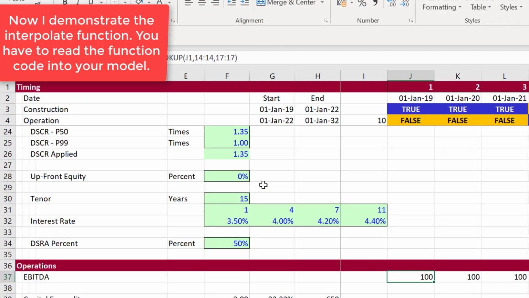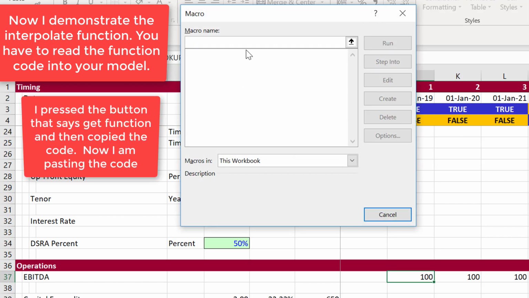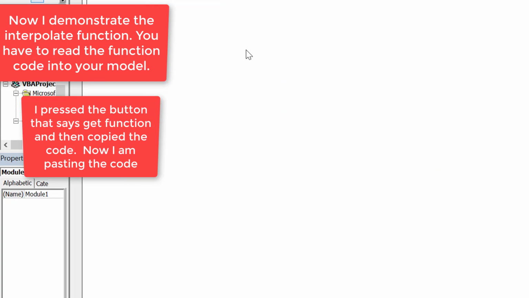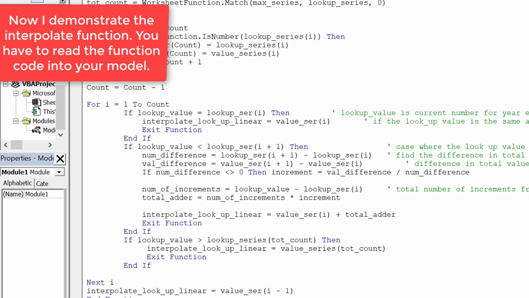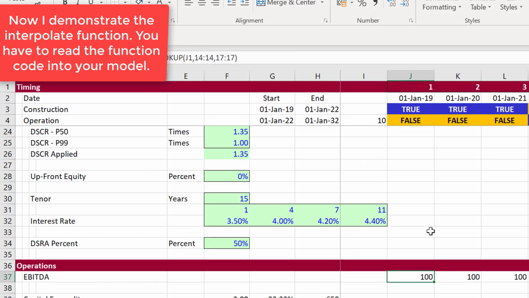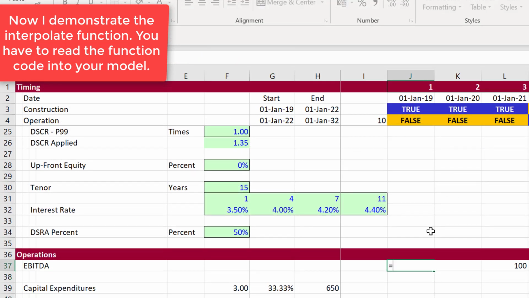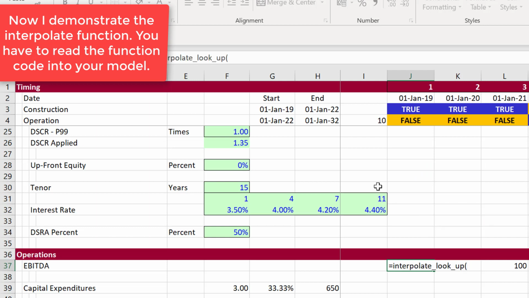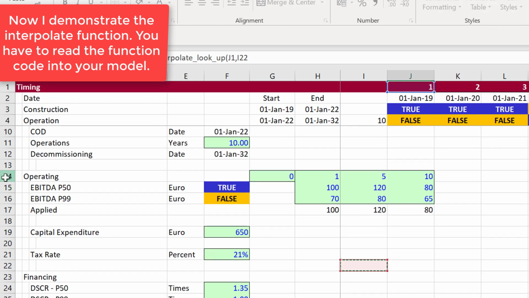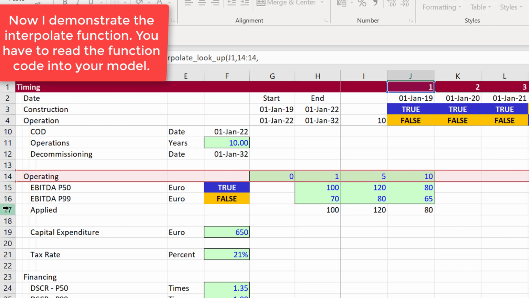Go back to my sheet. Alt F8, and we don't have anything in our workbook yet. So I put a little thing here. Why don't I delete this now since I opened it, and copy it, and then I have my interpolate lookup, and then I just put equal INTERPOLATE LOOKUP, and if I want, this is one with a kind of growth rate method, not a linear method, and I didn't explain that right.